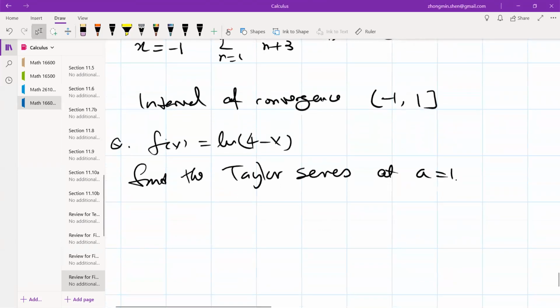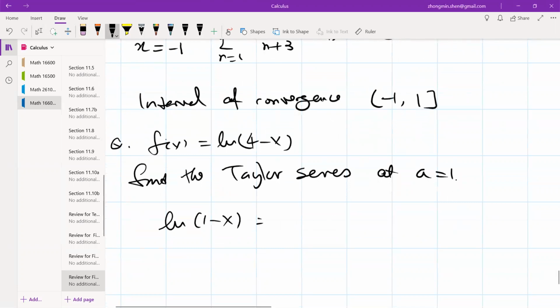First of all, I needed to know the power series representation for natural log of x. So for the natural log, we needed to recall this. Do you still remember this? No idea. You have to memorize it.